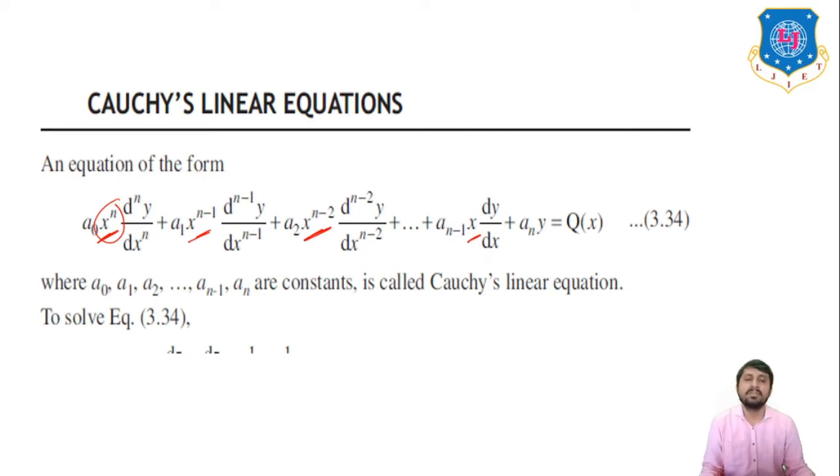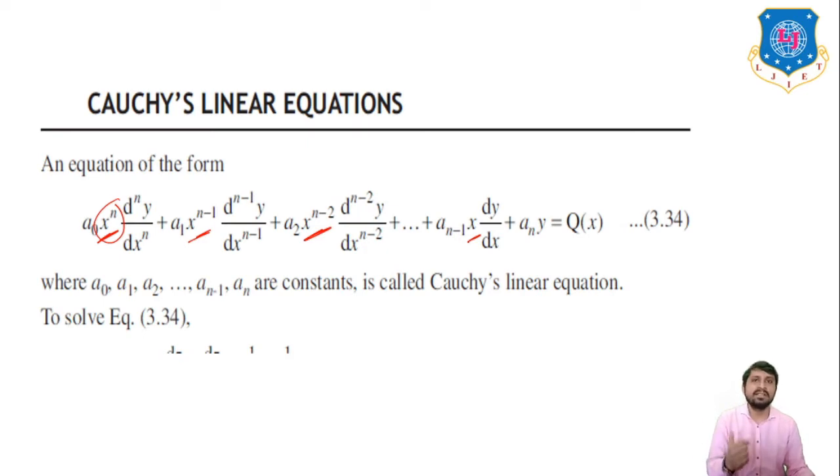The difference between a homogeneous linear differential equation and a Cauchy linear equation is this: in a homogeneous linear differential equation, each term has a constant and a derivative.